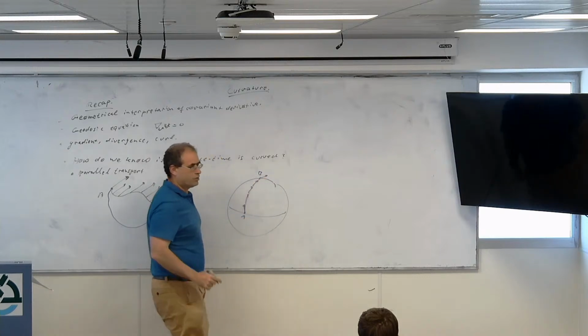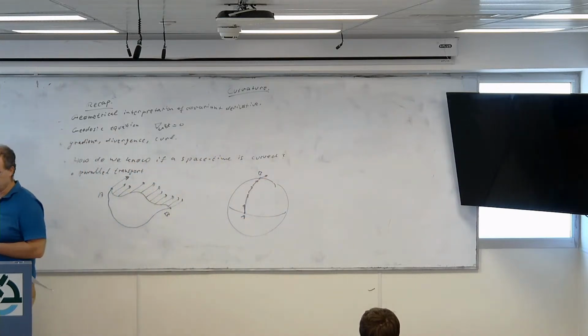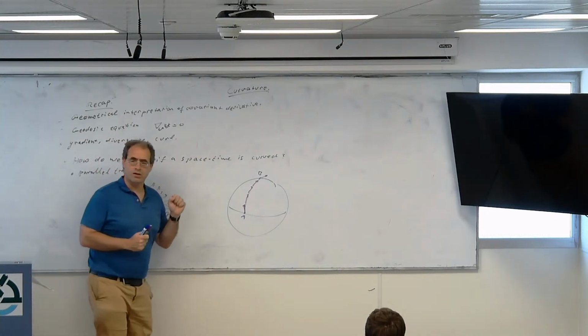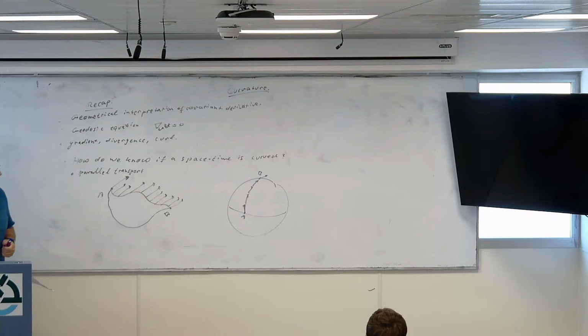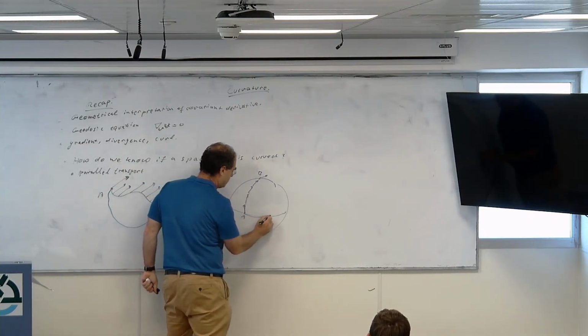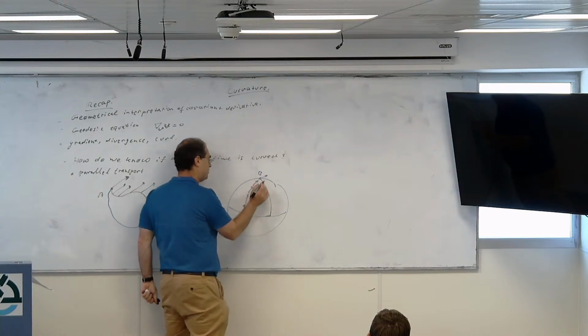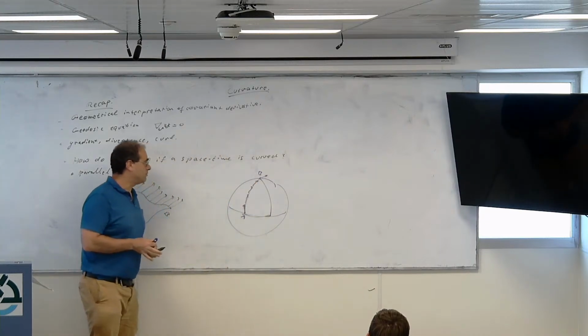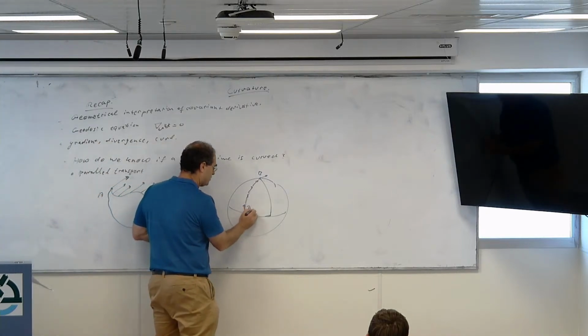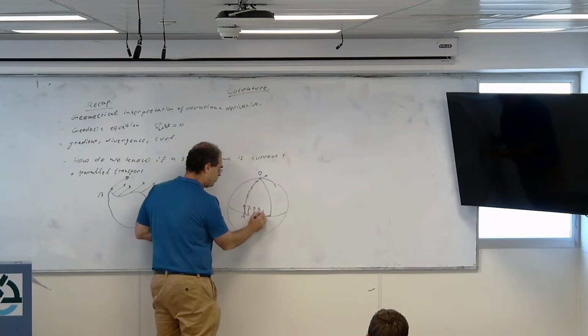When I get to the North Pole, I do nothing, I just carry it with me as I walk along. If I choose another path, let's say this path, my friend takes this path with the vector parallel to itself.